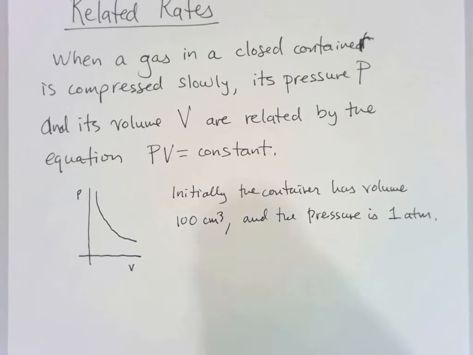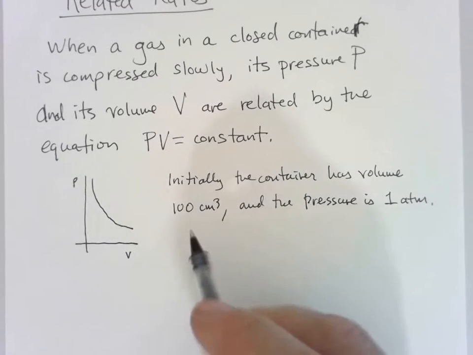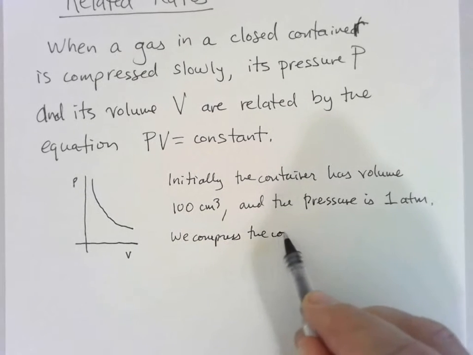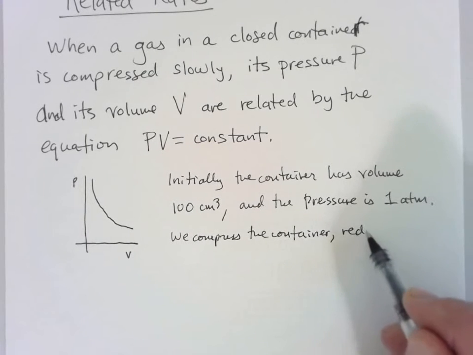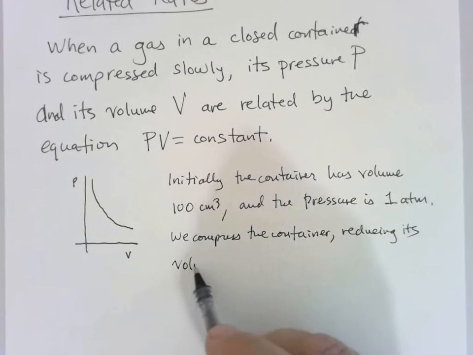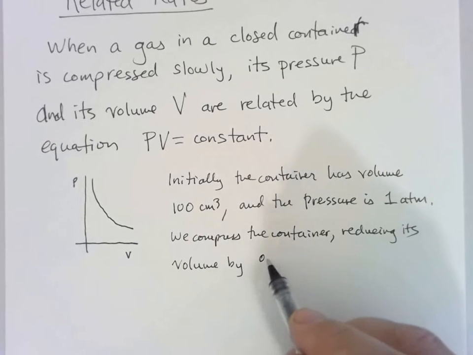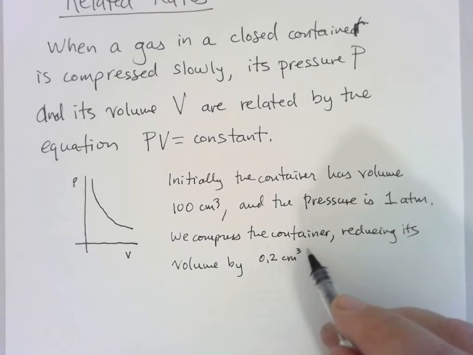But now we begin to compress it. And here's the thing, we're going to compress it at a particular rate. We compress the container, reducing its volume by, let's say, 0.2 cubic centimeters per second.